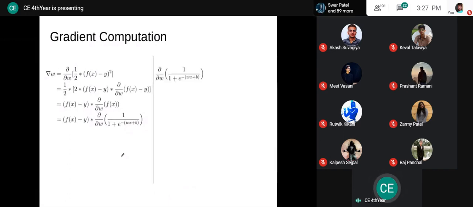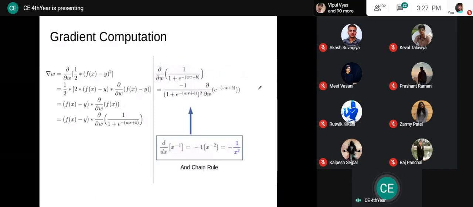Now let's see what the partial derivative of this will be. We'll consider this as 1 upon x. What is the derivative of 1 upon x? That is minus 1 upon x square. So we replace it with minus 1 upon x square, and once again we move this partial derivative inside using the chain rule.